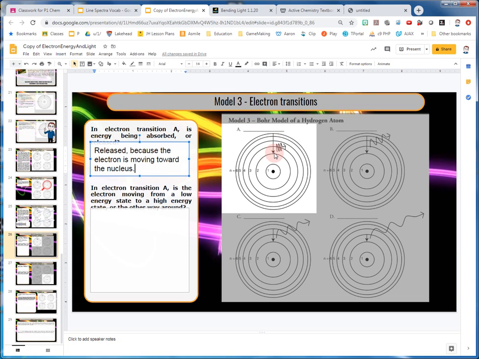Well, we said when the electron is far away from the nucleus, it's excited, and it doesn't like that, and it would rather come inside. So that means that it's going from a high energy state to a low energy state.